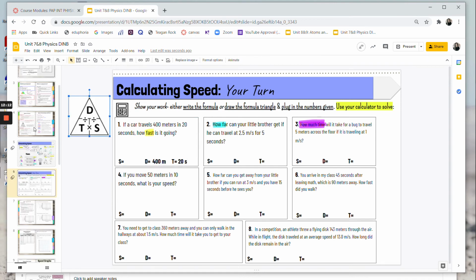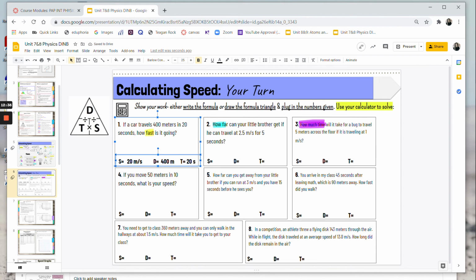Okay, so in the triangle you can see 400 should go up the top and 20 should go at the bottom, so you're doing 400 divided by 20. And you should get 20, okay, but it's not just 20, it's going to be 20 meters per second because it's your distance divided by your time.